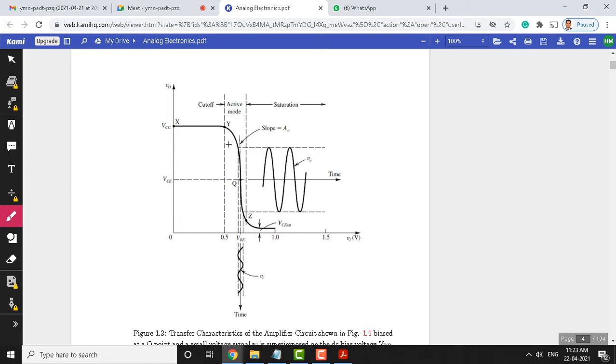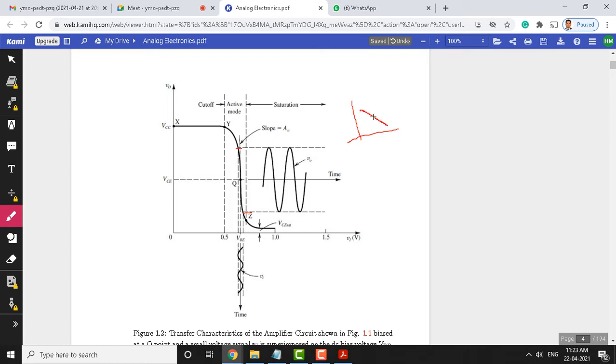We should look at a piecewise linear part of this curve. That means the overall curve may not be linear, but some portion of it is linear. From here till here it looks like a linear curve.